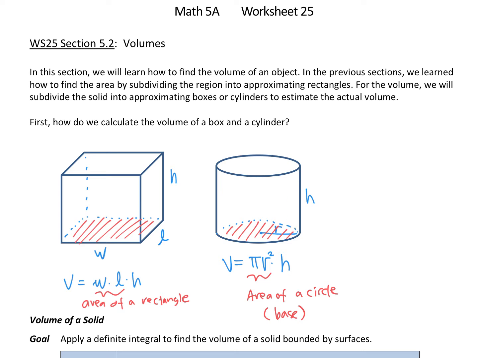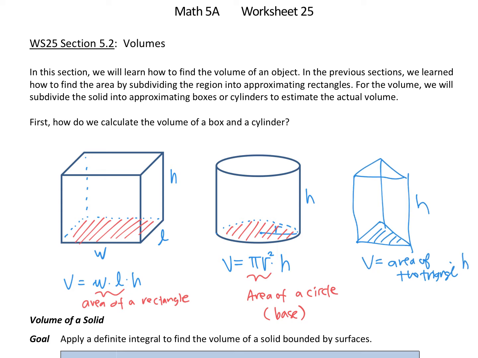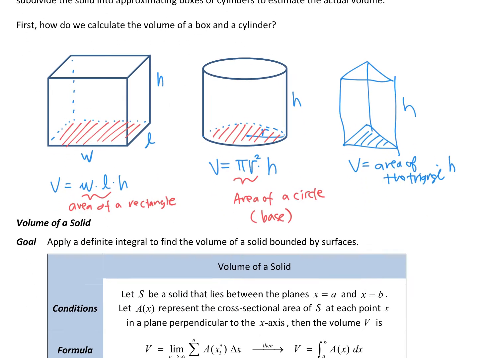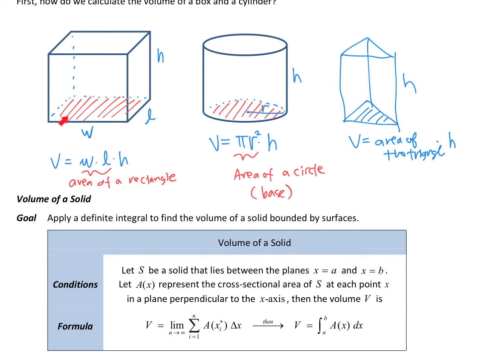If I had a triangle at the bottom, and then we have a cylinder like this, then the volume is basically the area of the triangle at the bottom times the height, h. So they all have a similar structure. We're going to utilize area of the base times height. If the base is a rectangle, it's the area of the rectangle times height. If the base is a circle, then it's the area of the circle times height. So I'm going to keep that in mind.